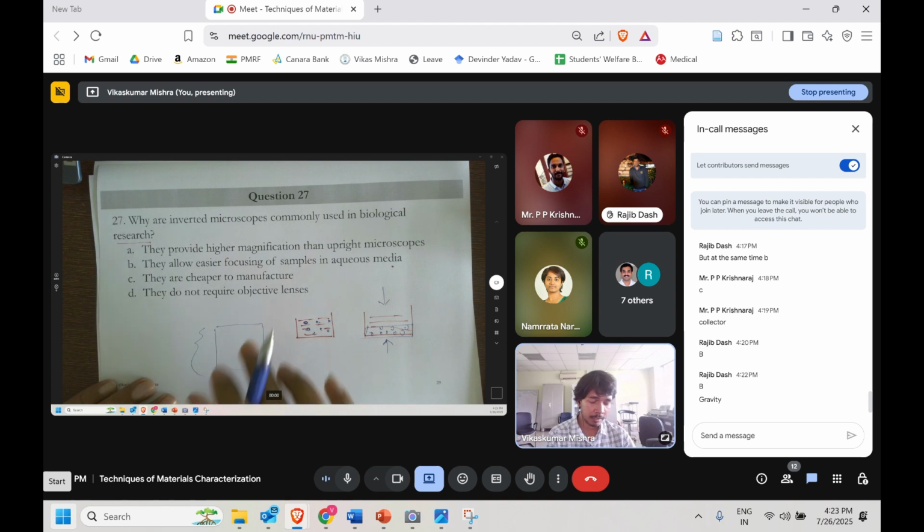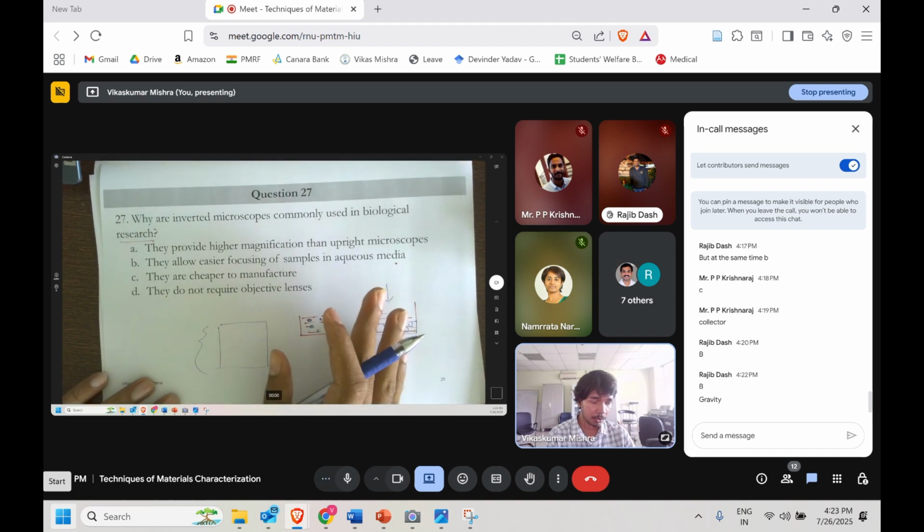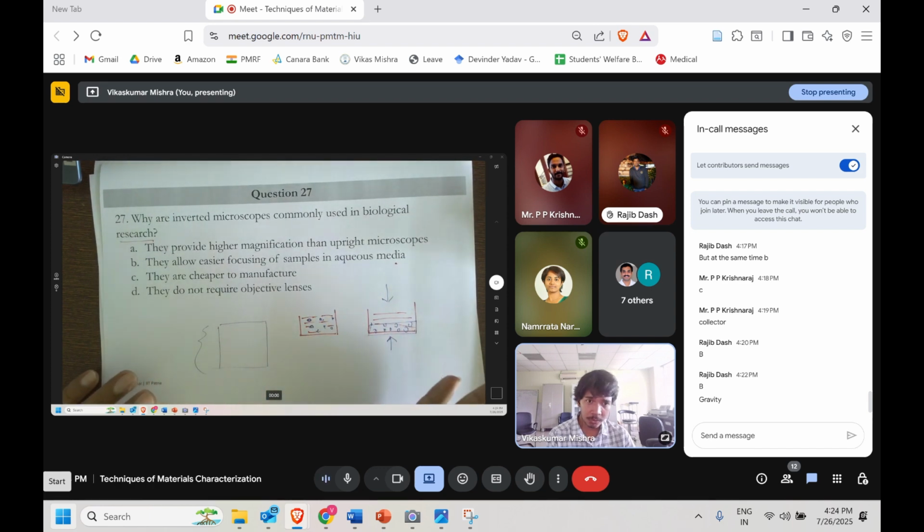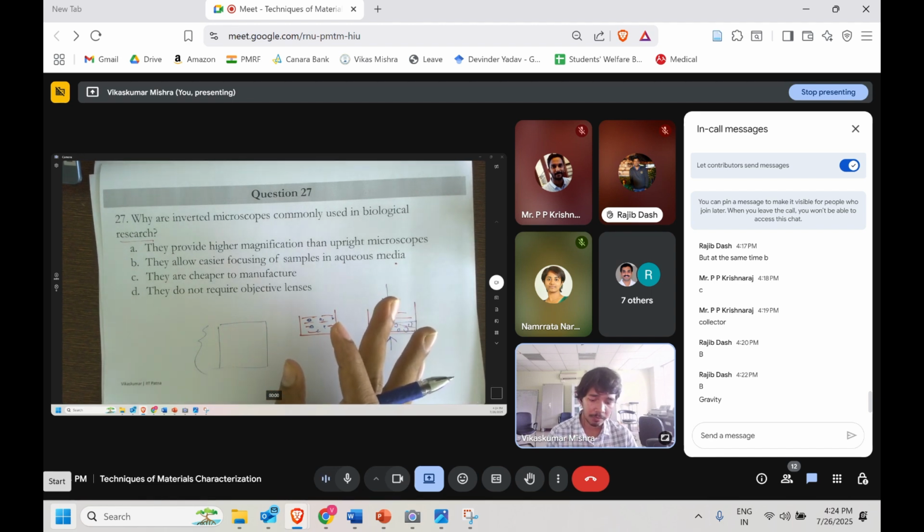So in that case, it's better to keep it on the inverted one. Nowadays, most of the microscopes that people buy are inverted. In my department, we have 3 optical microscopes, and all 3 are inverted.